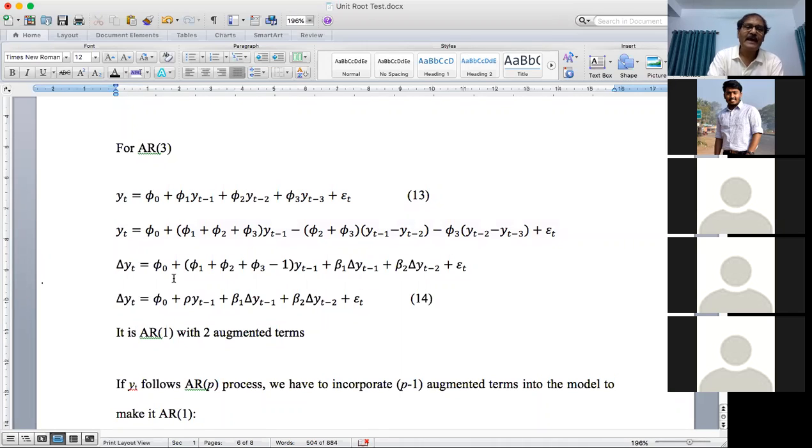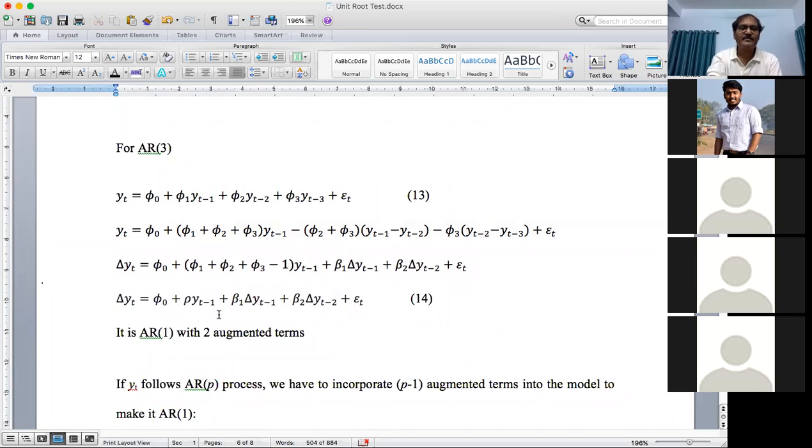So ultimately you have in this form delta yt is equal to phi naught plus phi 1 plus phi 2 plus phi 3 minus 1 into yt minus 1 plus beta 1 delta yt minus 1 plus beta 2 delta yt minus 2 plus epsilon.